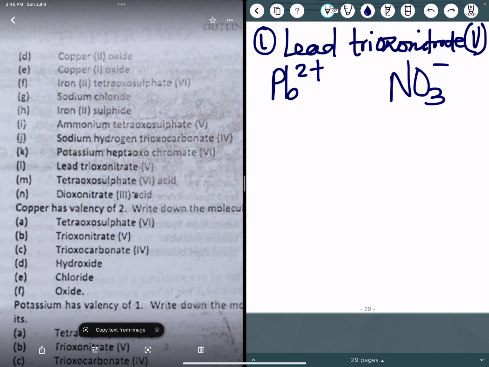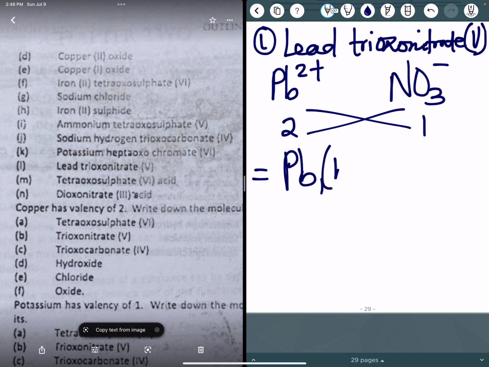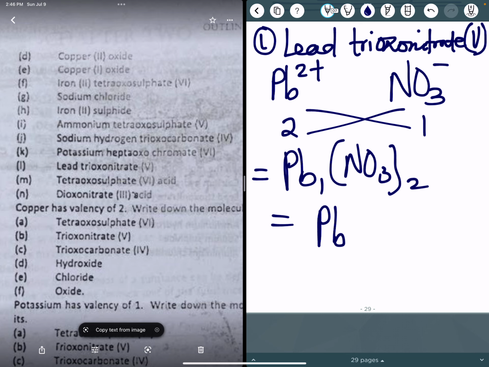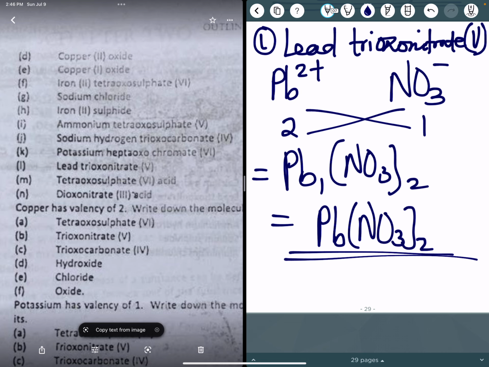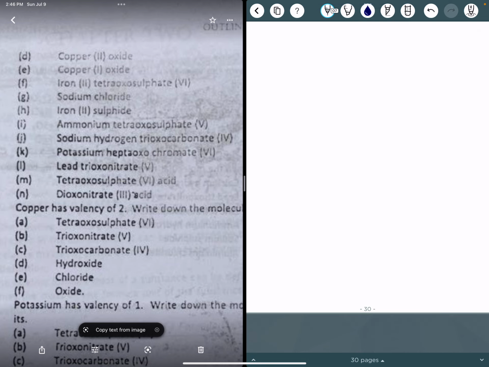From their charges, I'll get their valencies 2, 1. Exchange their valencies to form a compound with the two ions: Pb 1, NO3 2. Because I don't need to write my 1, my compound will be Pb(NO3)2. That's the formula of lead trioxonitrate 5. It's a salt.